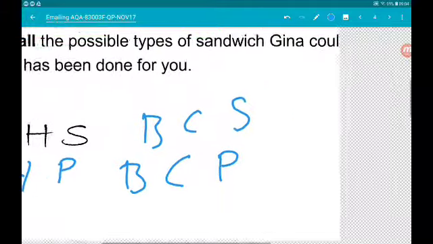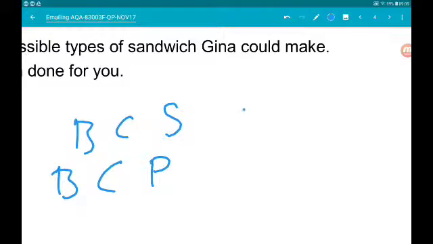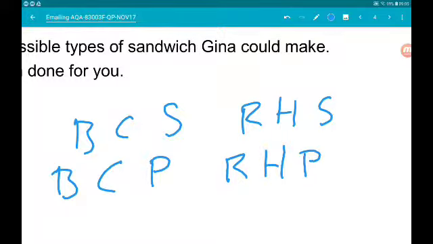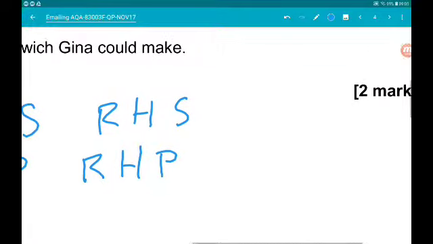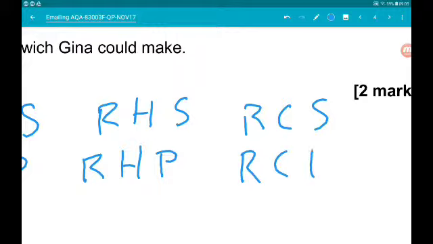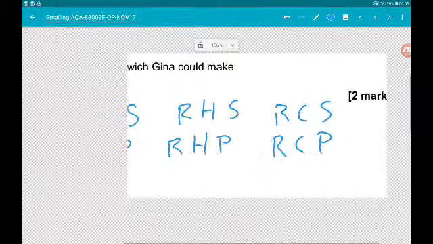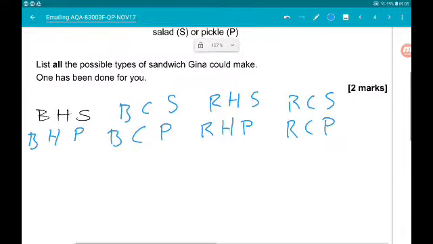Now a roll, ham, and salad. A roll, ham, and pickle. A roll, cheese, salad, or a roll, cheese, and pickle. So 8 possibilities.